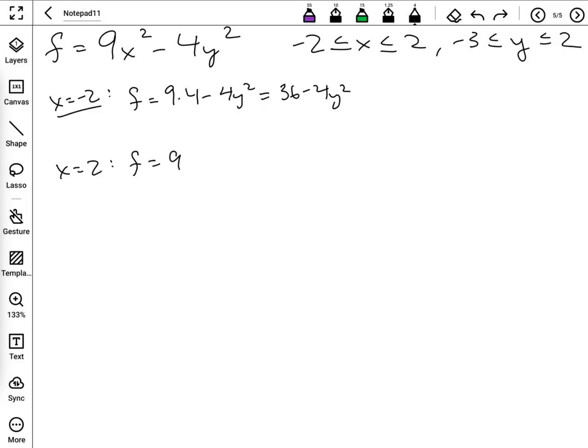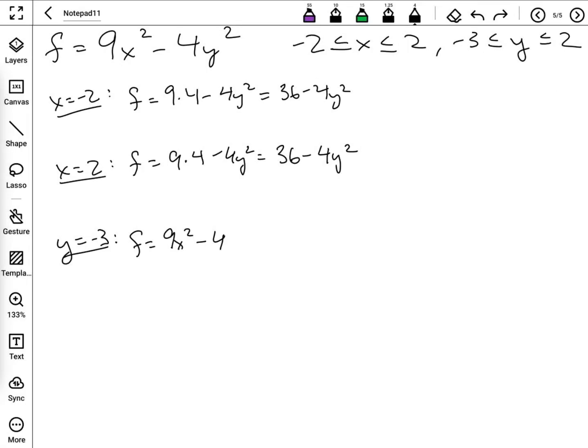So I'll still have 9 times 4, just instead of minus 2 squared giving me 4, it's plus 2 squared. And then y equals 2.